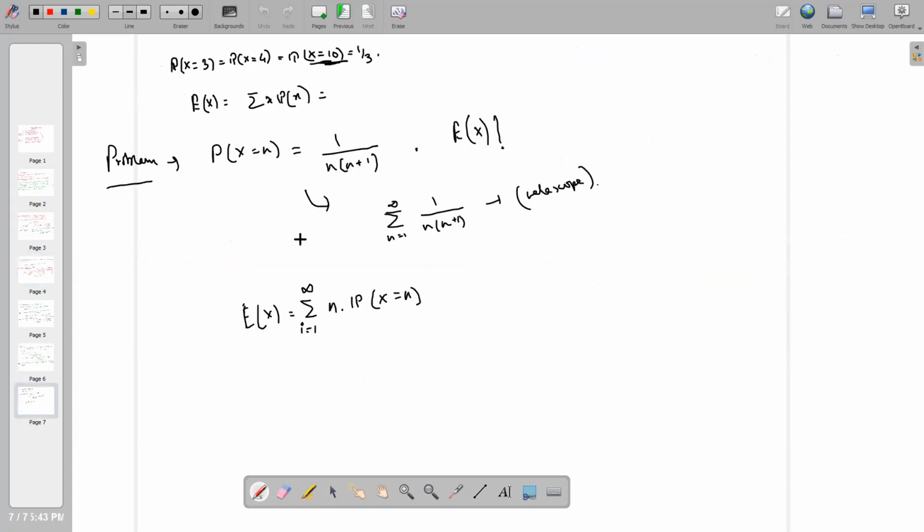So what is this essentially? Have you learned about the sequence 1 by n in analysis?